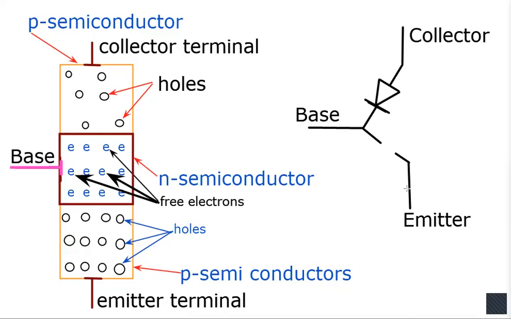So look at this. Therefore, what should be the direction of the arrowhead of the diode between base and emitter here? Directed from emitter to base or base to emitter?